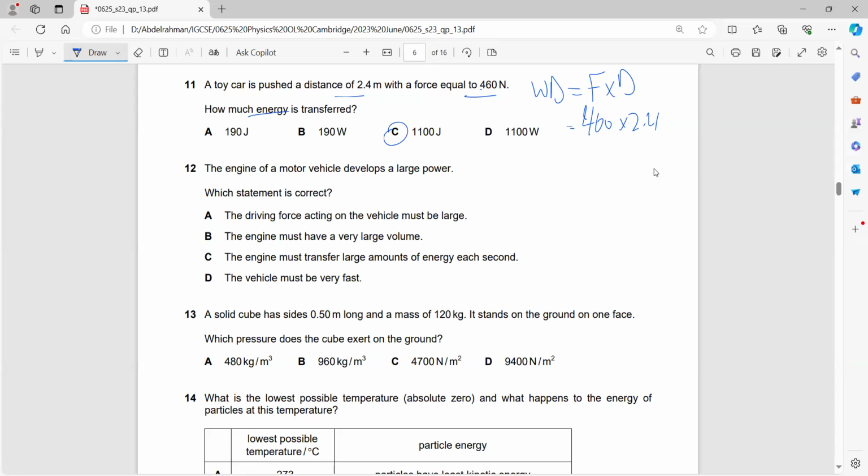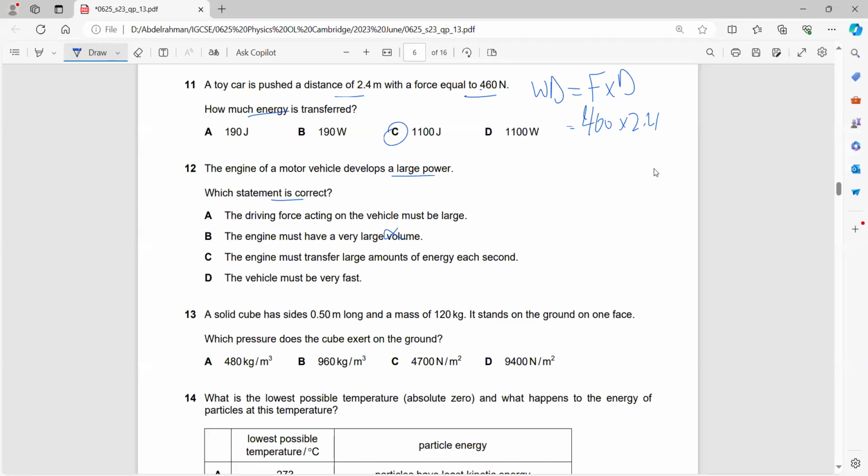The engine of a motor vehicle develops a large power. Which statement is correct about the power of a motor? The driving force acting on the vehicle must be large? The engine must have a large volume? That doesn't have to do with the volume.